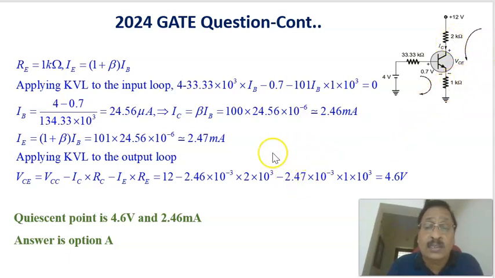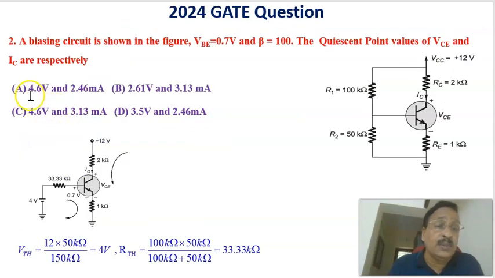IE is calculated as (1 plus beta) IB, which is equal to 2.47 into 10 raised to minus 3 into 1 kilo ohm, which gives 4.6 volts. Therefore, the quiescent point is VCE equal to 4.6 volts and IC equal to 2.46 milliamperes. Therefore, the answer is option A.